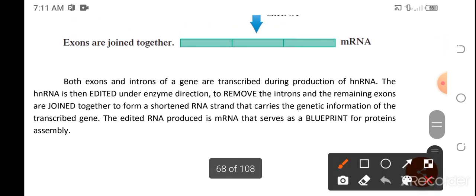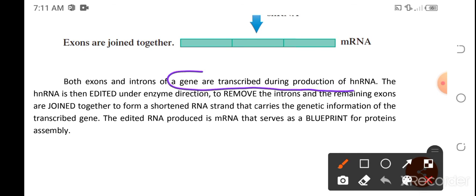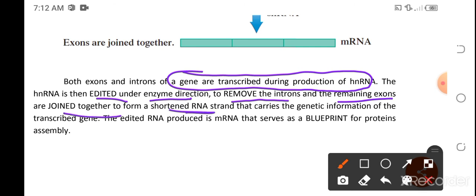Okay? Okay, so ulitin natin. Ang introns and exons are part ng gene that has been transcribed during the production of hnRNA. Kanya lang, the hnRNA is being edited under the direction of some enzymes, and the introns are removed and the remaining exons are being joined together to form the shortened RNA.